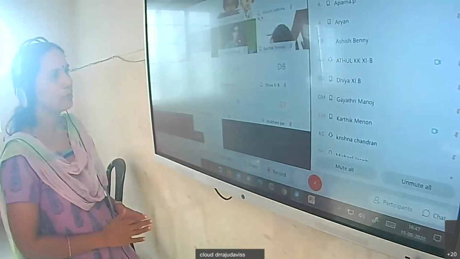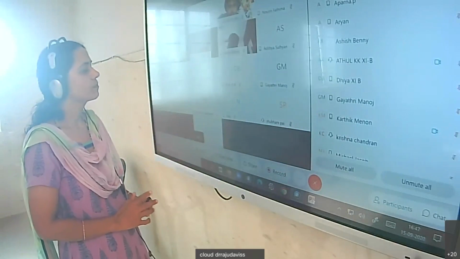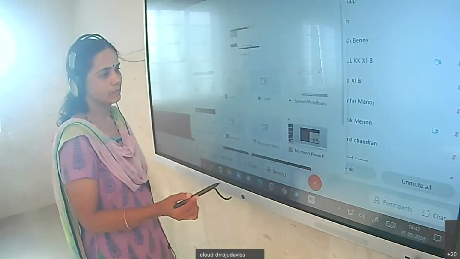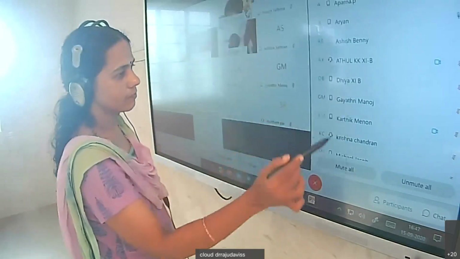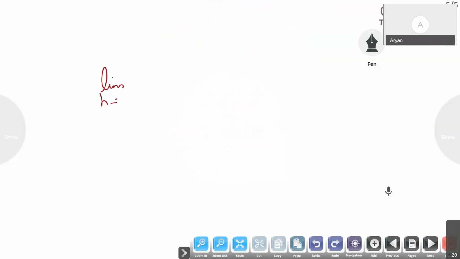Can you give the formula? Limit h tends to 0, f of x plus h minus f of x by h.